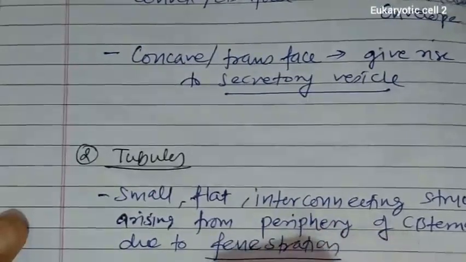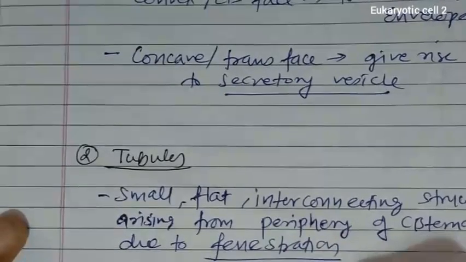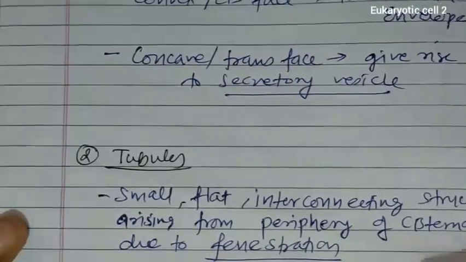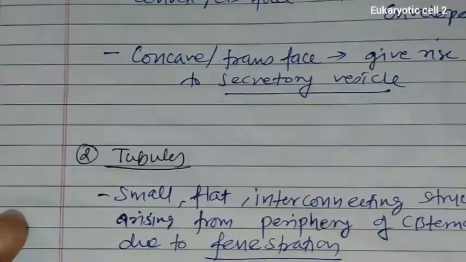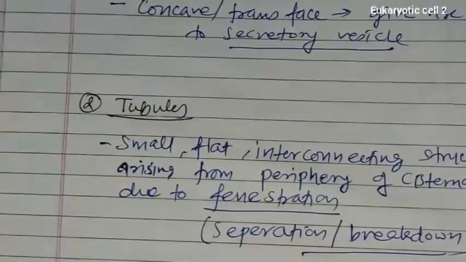Now fenestration means separation or breakdown occurs, and due to which these tubules arise from cisternae.